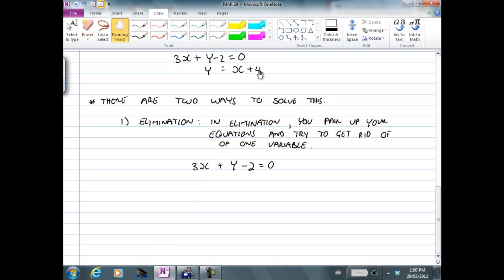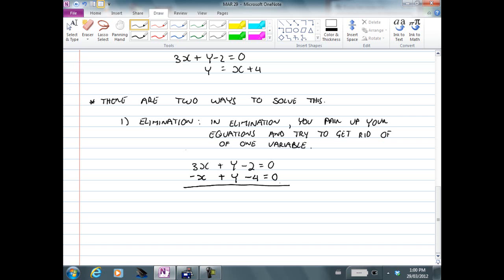I can move this 4 to the left side because I just want to match them up. So this will be minus x plus y minus 4. Don't forget equal to 0. And we're going to draw a line just down there like that.